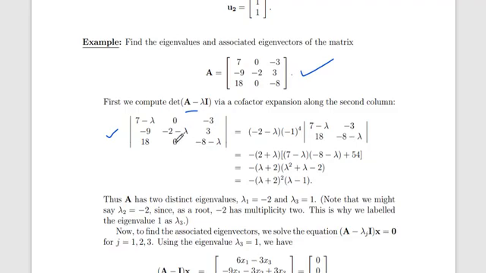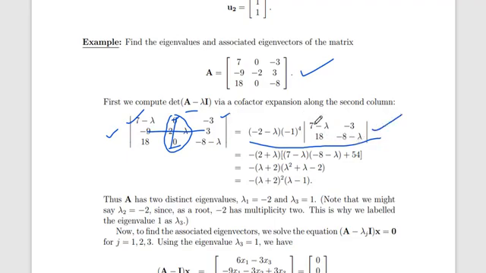Now here you can see that this column has a 2 and 0. So to find the determinant of this matrix, we can expand along this column. The first term becomes 0, and we only have this value, minus 2 minus lambda, and if we include this row and column, we have a 2 by 2 matrix: 7 minus lambda, minus 3, 18 and minus 8 minus lambda.